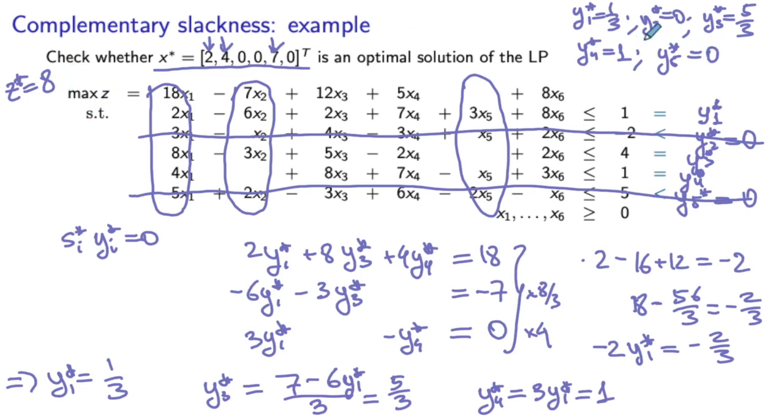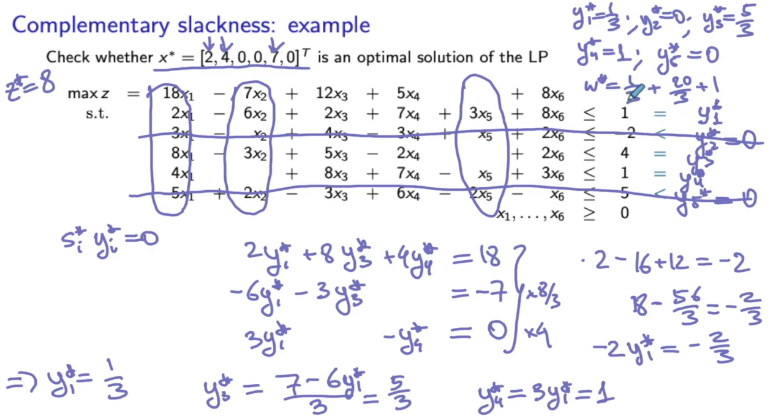Okay. If we plug in this y star in the objective of the dual, then we'll have w star is given by 1 third plus 4 times 5 thirds, so 20 thirds, plus 1.